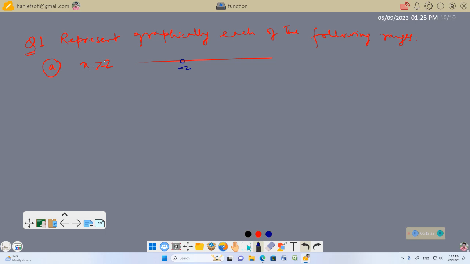It is said x is greater than minus 2. That means x can be any value greater than minus 2, but not minus 2. So you have to shade all the number line to the right of minus 2. All these real numbers to the right of minus 2, not minus 2, represent this range graphically.